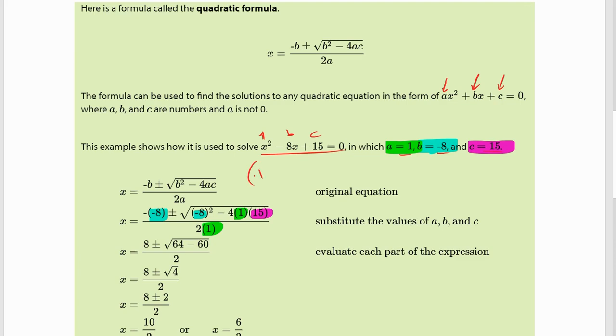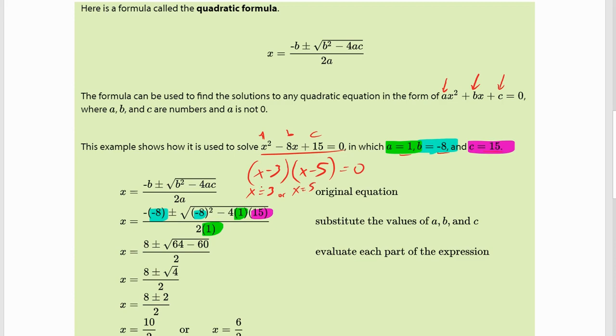So for example, what times what gives you positive 15, but has to add up to a negative 8. We know that 3 times 5 will multiply to 15 and add up to 8, but they would both have to be negative in order for them to add up to a negative 8. And that's how you get the x equals 3 or the x equals 5.